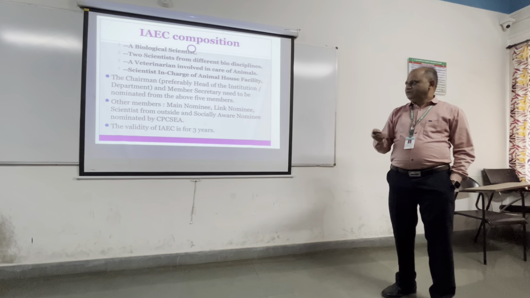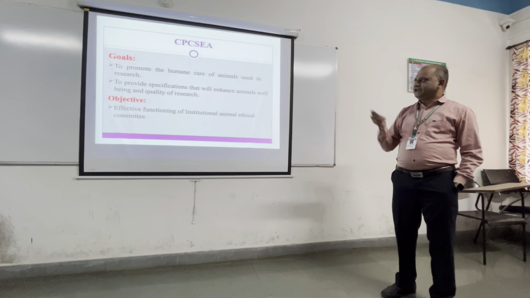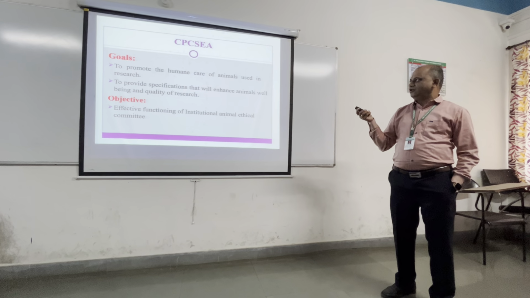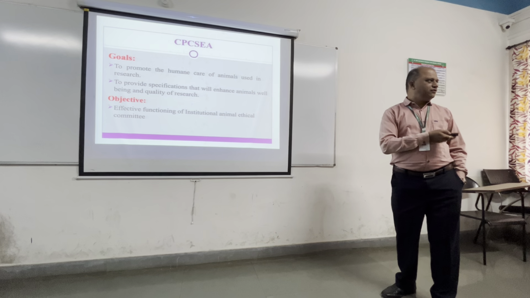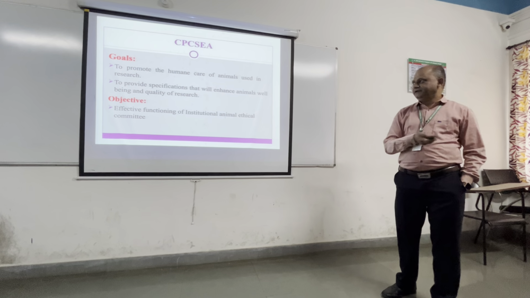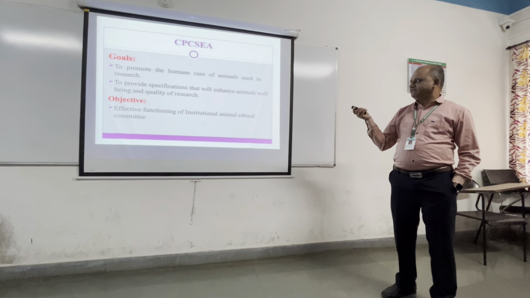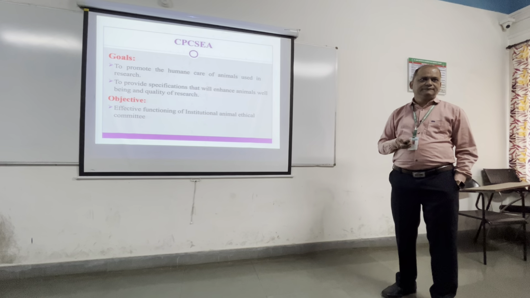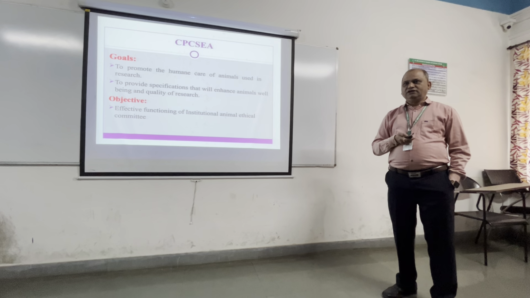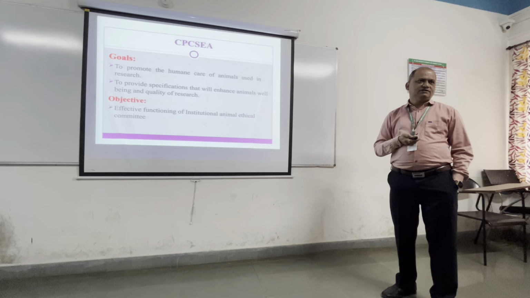Understood? Then, what are the goals? To promote the humane care of animals used in research. In short, we have to handle the animals with proper care. To provide specifications that will enhance animal well-being and quality of research. So whatever facilities are required as per norms, we have to provide to the animals.